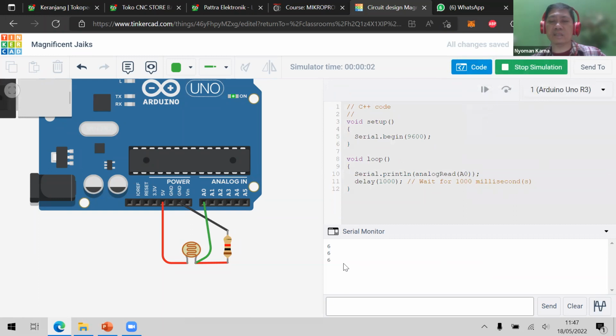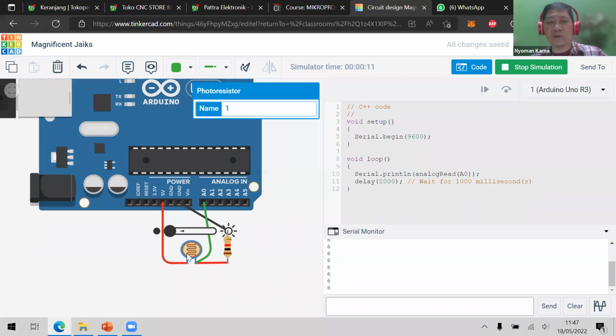It said 6. Now let's try to modify the brightness of the room. Right now it said that it's very dark. Let's move now. So it becomes 301. So a little bit not very dark, but still dark. Now how about now? It's 526. That will be interesting because maybe this is in the morning or in the afternoon.